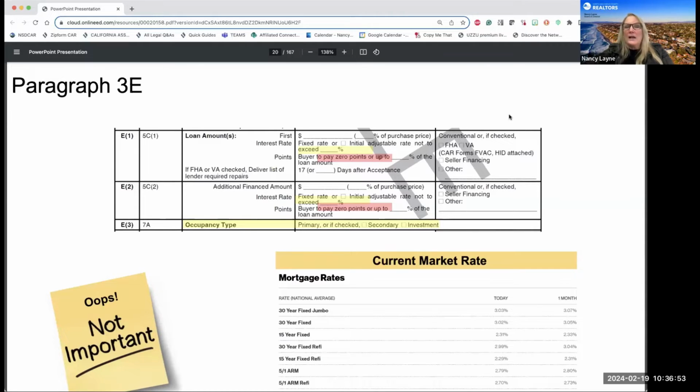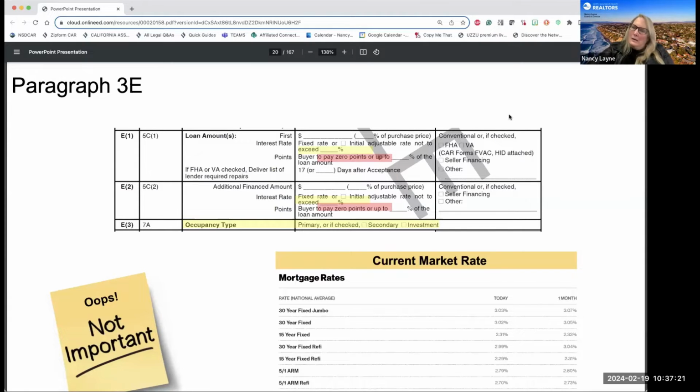So if you say, I'm going to get a loan for 80% of the purchase price, and you don't put in a rate and rates go up, you don't have the right to back out based on the rates going up. If your buyer only wants to pay 5.5% and rates go up to 6.5% and you haven't filled in this amount, he has to pay 6.5% per the contract.